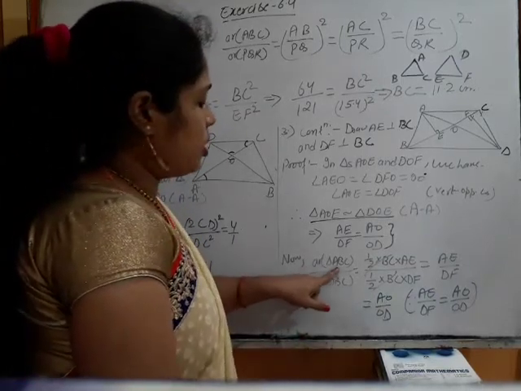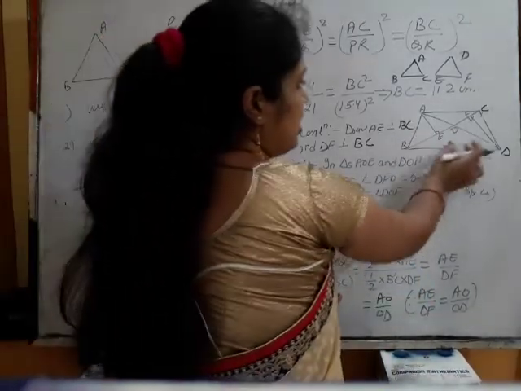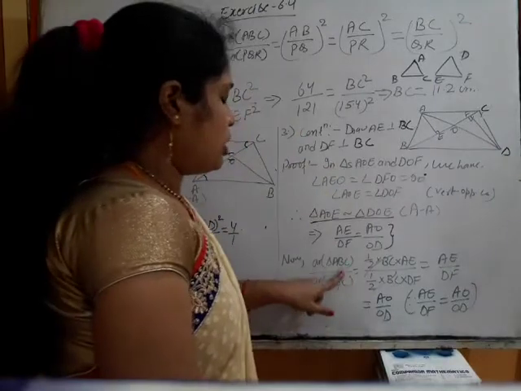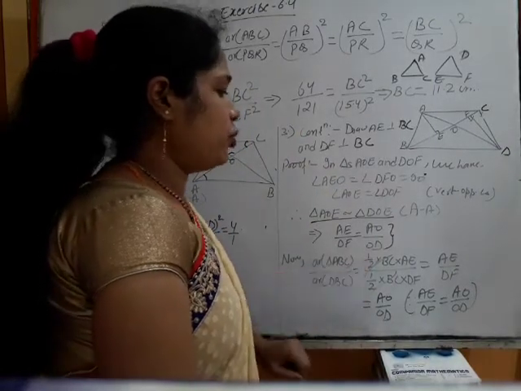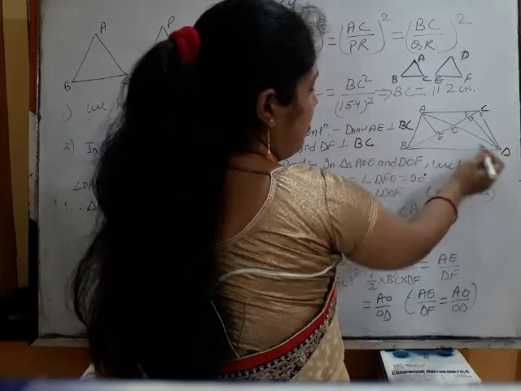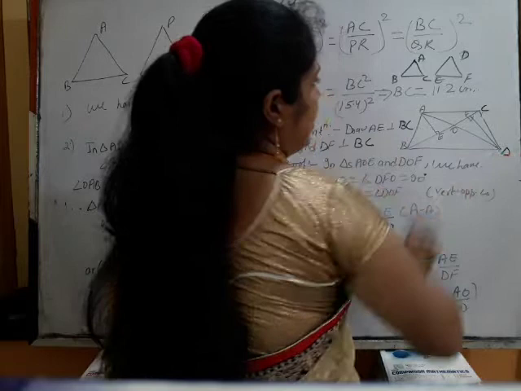See, the ratio of the areas of ABC and DBC, because these two triangles are on the same base BC, so their areas will be half into base into height. Base will be BC, and the height for ABC is AE, and for DBC the height is DF.